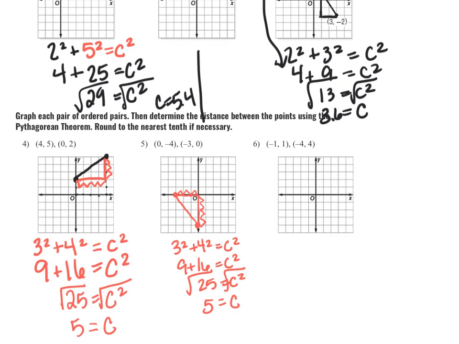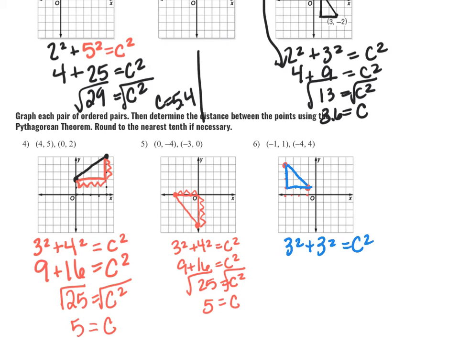Last question. Let's go ahead and do this one. Okay, (-1, 1), and then (-4, 2), 3, 4, 4, 1, 2, 3, 4. So if I connect those lines, I got 1, 2, 3, 1, 2, 3. So 3 squared plus 3 squared equals c squared.